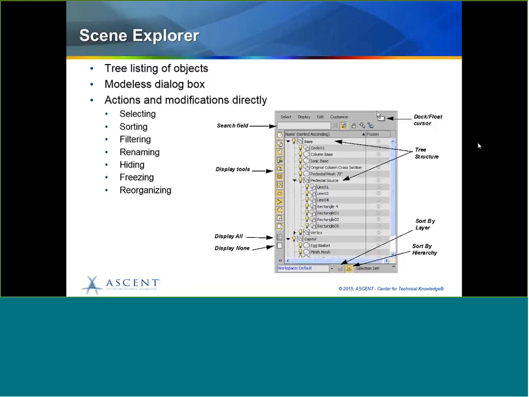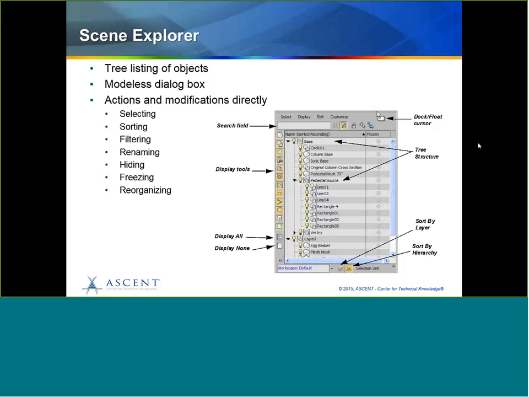You don't have to complete a command. For example, you can select an object here and it will interactively show in the viewport. Similarly, you can do other actions or modifications directly in the Scene Explorer, and interactively you will see that happening in the viewports.